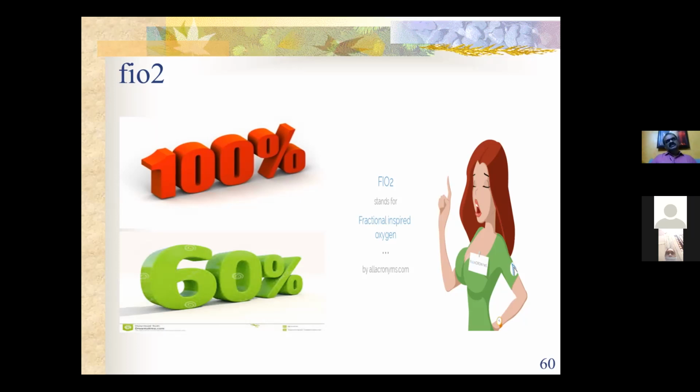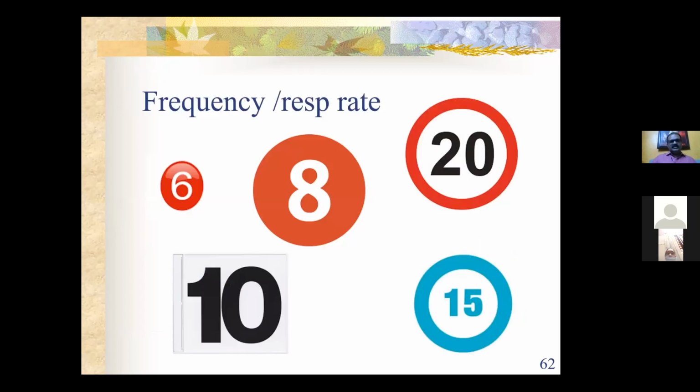We have to think about the PEEP also. So if you take only FiO2, we'll start off with 100% and try to bring it down to at least 60% or less to achieve a SpO2 of around 88 to 92%. That is our target.